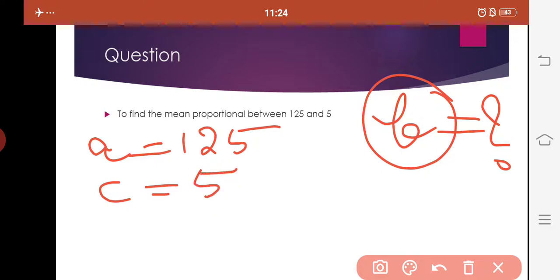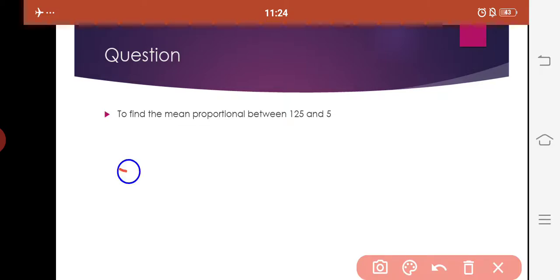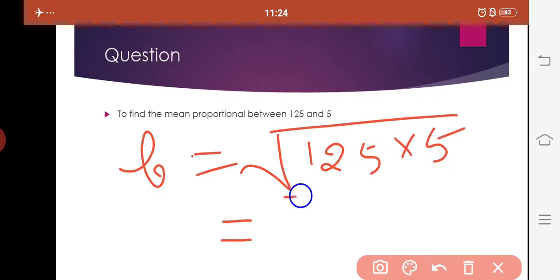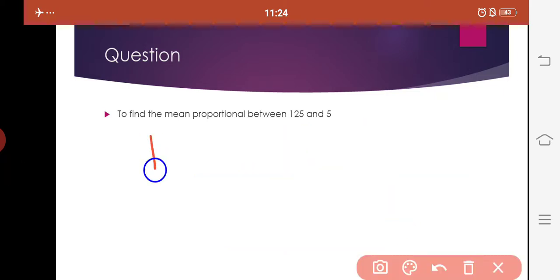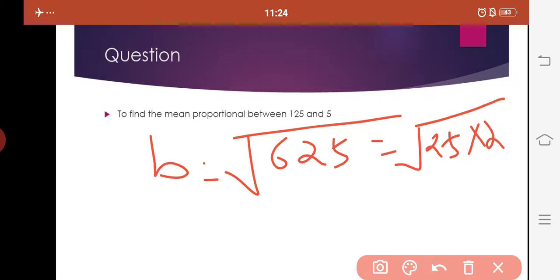Mean proportional means the value of B, and from the formula of continued proportion we have B equals the square root of A into C, or B square equals A into C. Putting in the values, that gives the square root of 625, which is the square root of 25 into 25, so B equals 25.